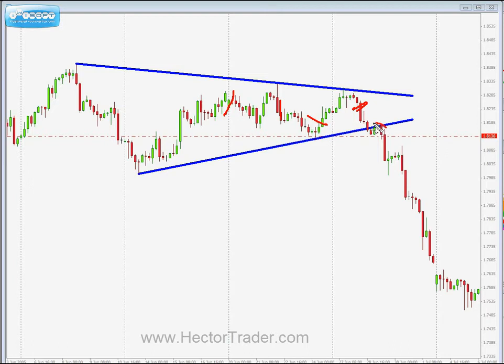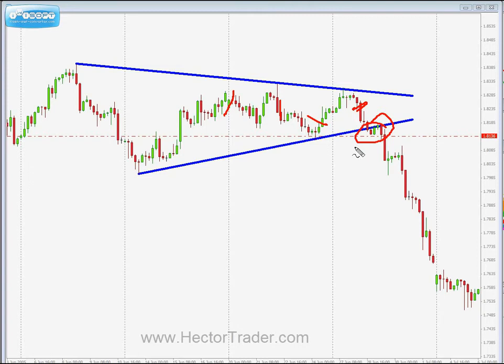No. You wait for the breakout. You only enter the trade once the breakout has given way, once the triangle, the consolidation area, has given way. So it's not like you are taking an entry blindly. You are waiting for the right time to take your entry, and always in the direction of the main trend.